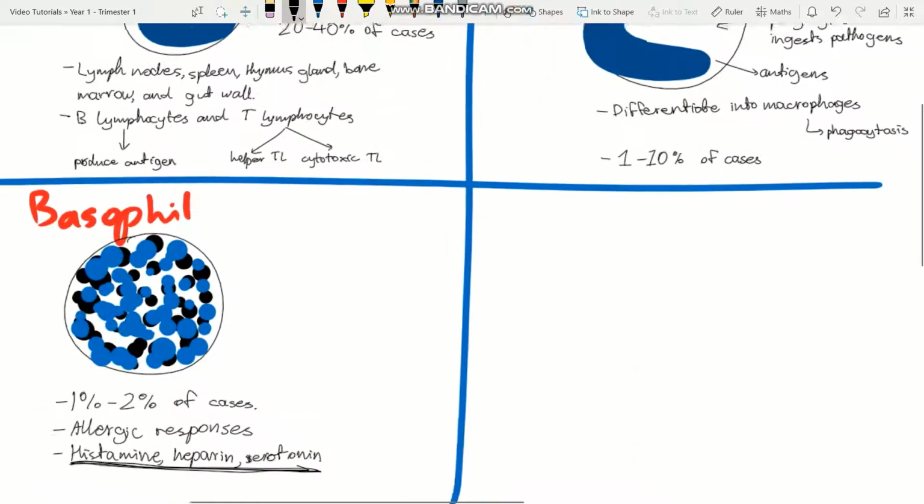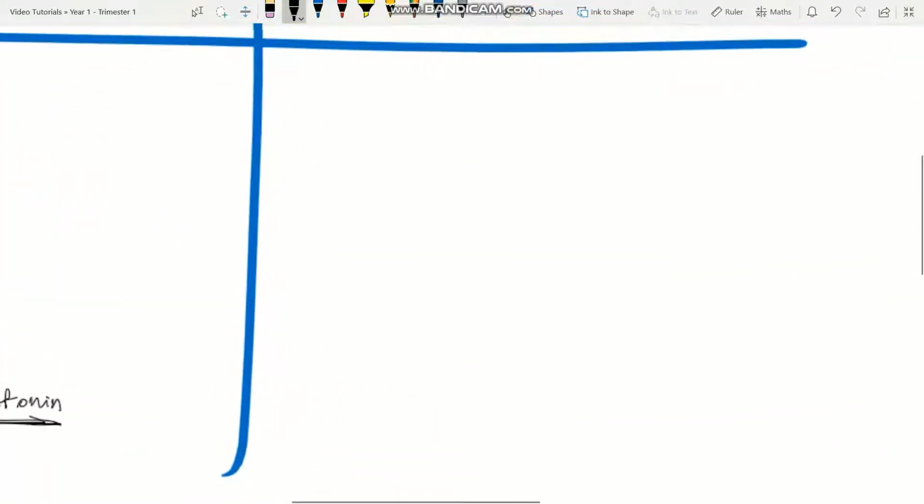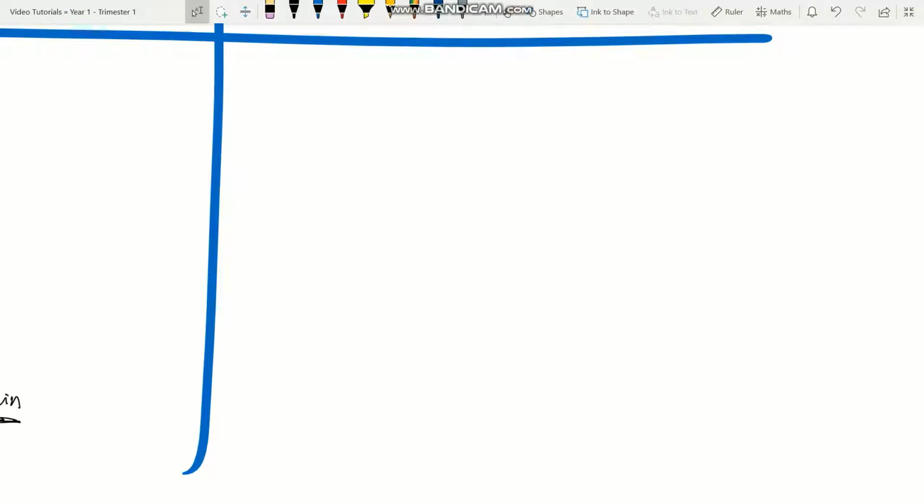So, I just wanted to first and lastly give a mnemonic to help you guys remember firstly, the different leukocytes that are present in the body, and secondly, the order in which they're present in the body.